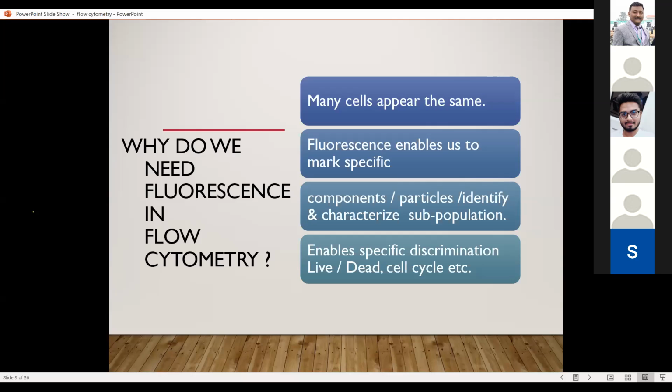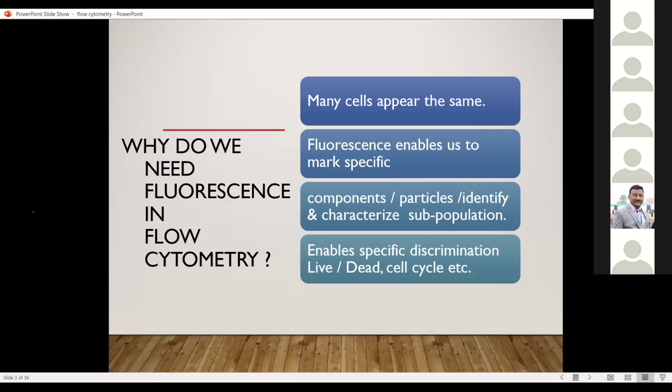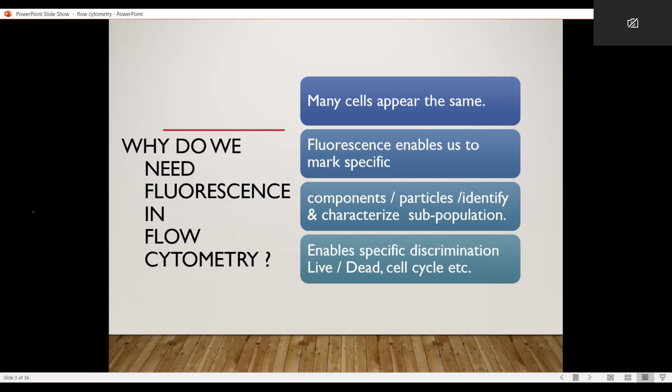So we can also use monoclonal antibodies in flow cytometry techniques so that we can differentiate the cell population specifically on the basis of an epitopic population. Fluorescence enables us to mark specific cells, or rather to differentiate cells on the basis of different particles.